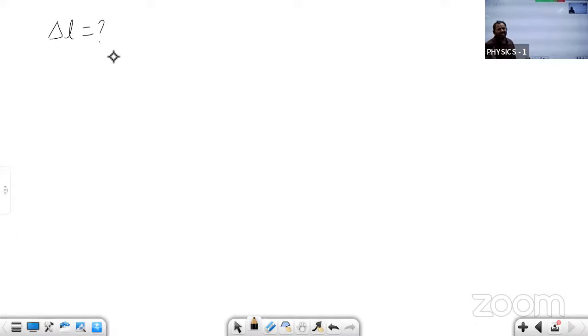Final value minus initial value. Calculate the change in the length of a simple pendulum of length 1 meter, L1 equals 1 meter, when its time period of oscillation changes from 2 seconds to 1.5 seconds.